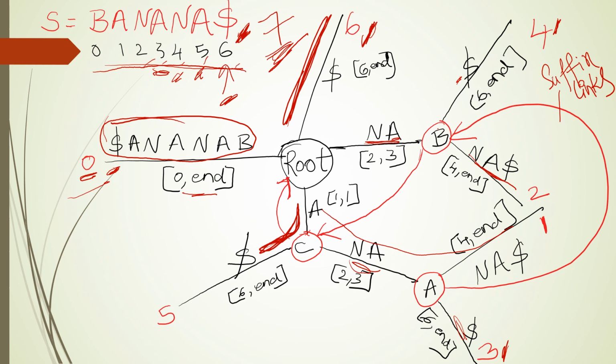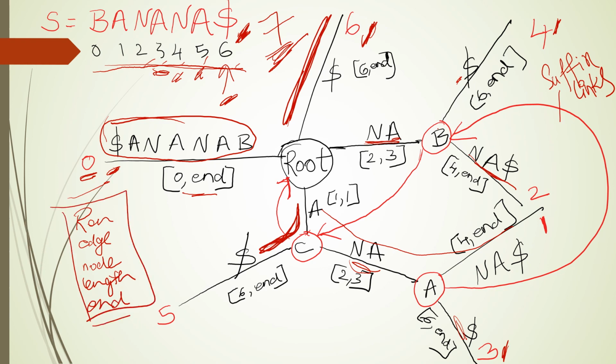Hope you understand how a suffix tree is created, and we found all the suffixes as well using some variables which we have used, like remainder, edge, node, length, and end. Without these variables, we would have traversed every time from the root node, which would have increased the time complexity.